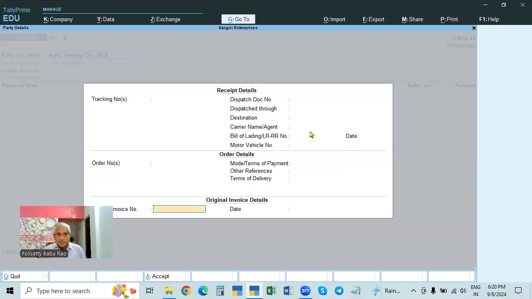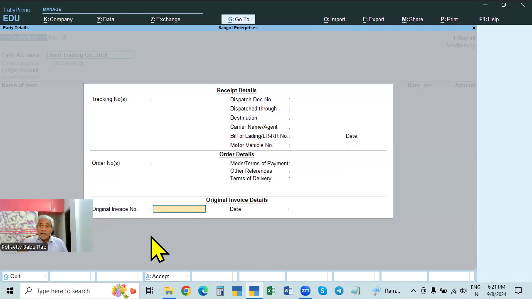After that, many people will not fill in all these things. They simply write the party name and leave it out. But here everything is to be done. When the goods are returned, you have to mention against which bill. When you sell, you issue a sales invoice.